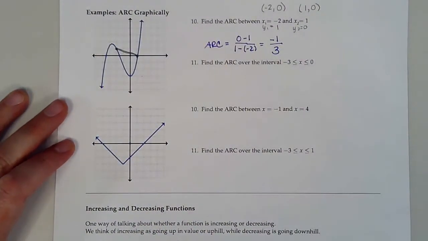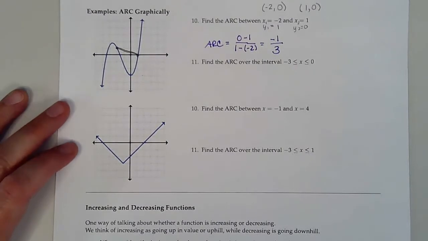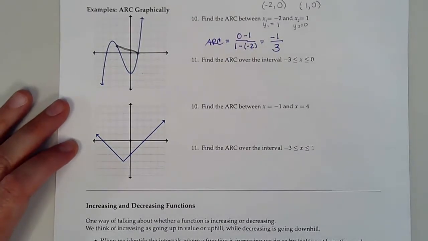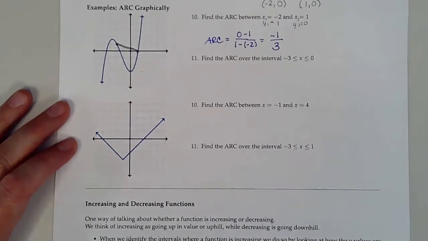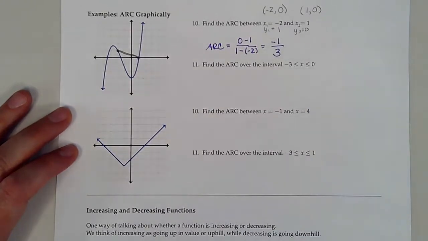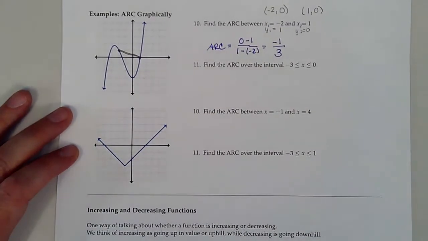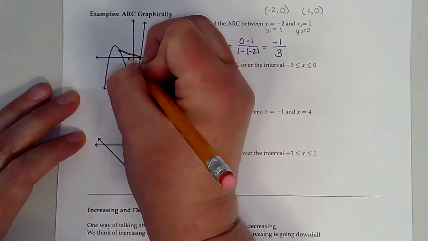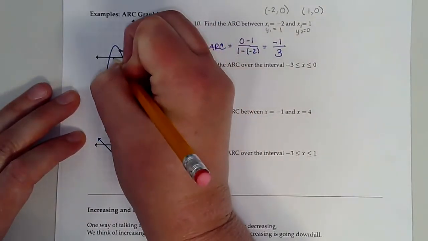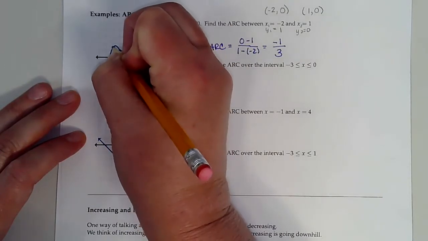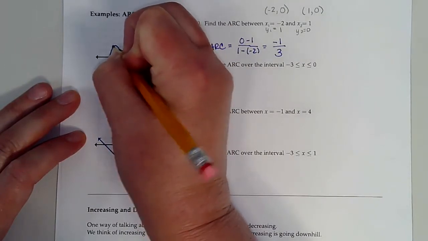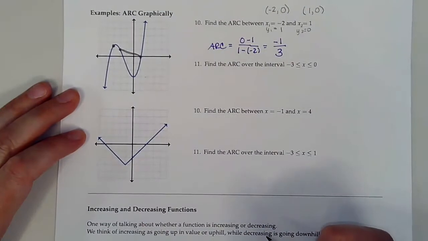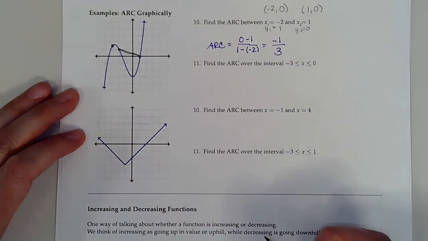Okay, that's going downhill. And then find the average rate of change over the interval -3 less than x less than 0. So we're looking at between x equals -3 and x is 0. All right, so 1, 2, here is the point for when x is equal to -3.